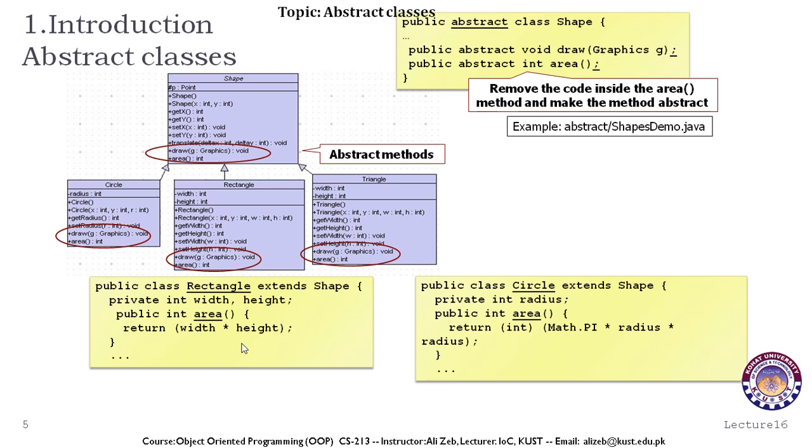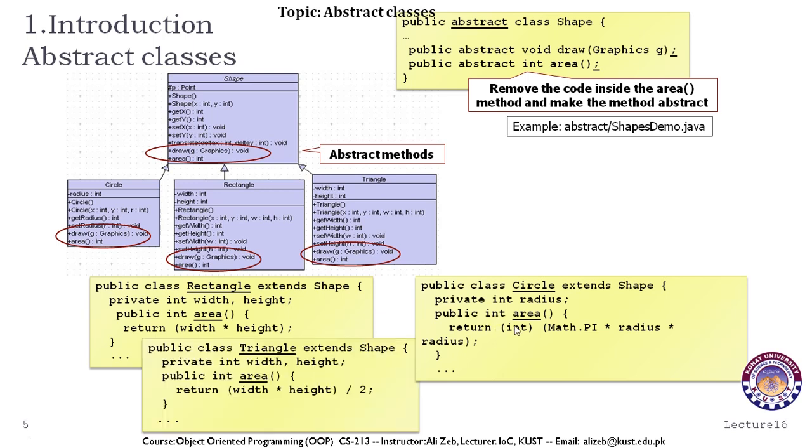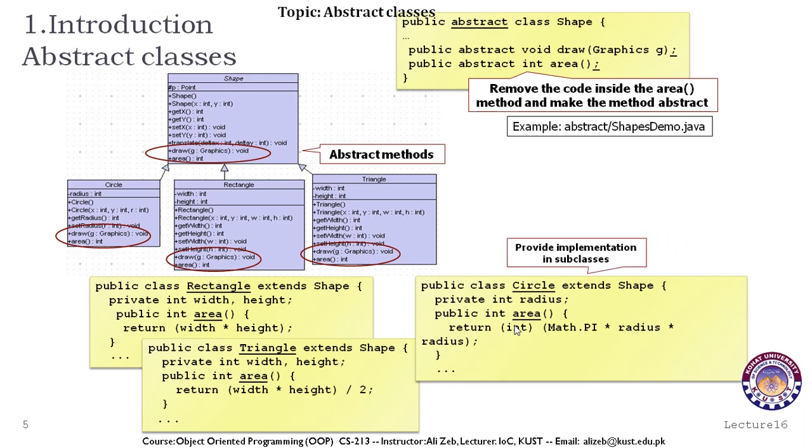Similarly, for the circle class, when it extends the shape class, it needs to implement the area method and the shape methods. If we do not implement these methods in the subclasses, we will get a reminder from the compiler. So we need to provide implementation for these methods in the subclasses.